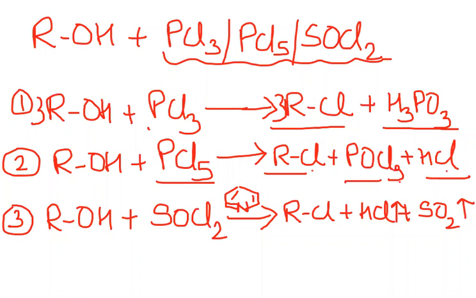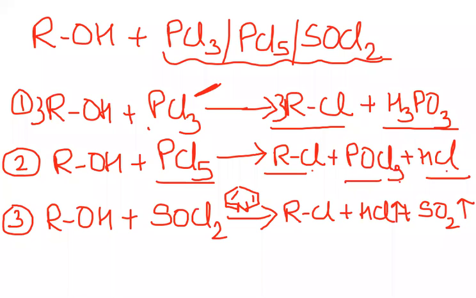But in the case of PCl3 and PCl5, you find that the products are POCl3, HCl, and in this case also H3PO3. So RCl will have to be separated from POCl3 and H3PO3. That is why thionyl chloride is considered to be a more favorable reagent for substituting OH with a Cl group.